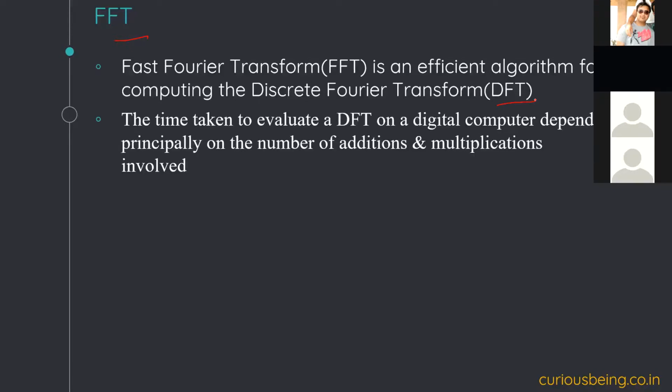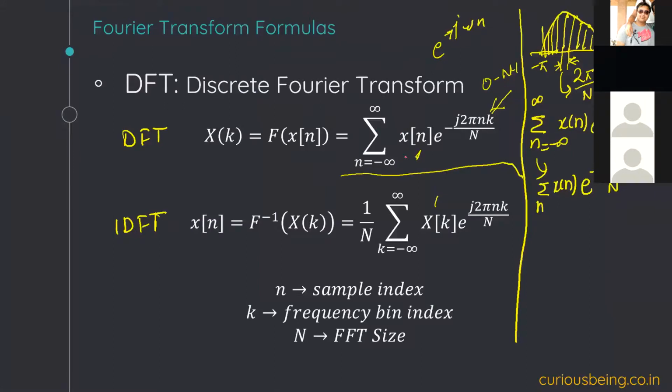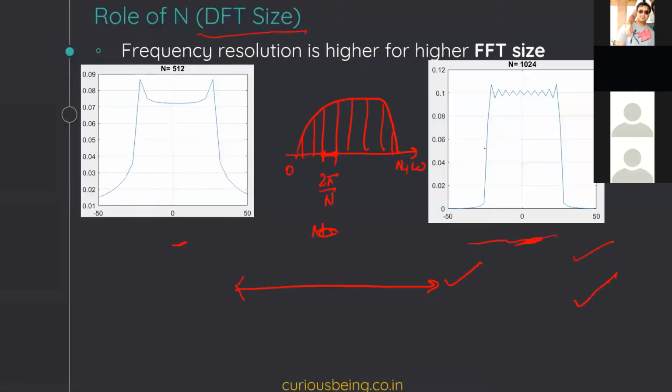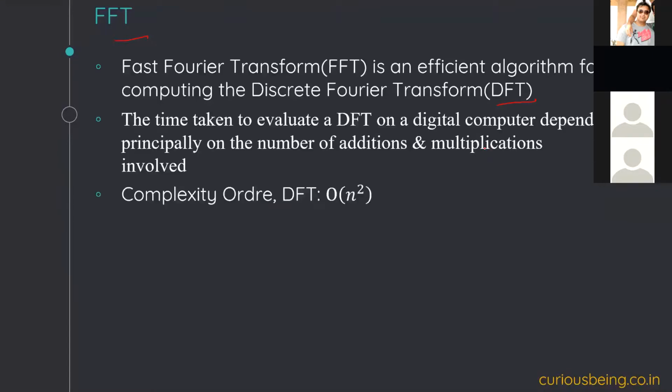The time taken to evaluate a DFT on a digital computer depends principally on the number of additions and multiplications. Because in these formulas, these are what? Some multiplications and then additions. Correct? So when I am trying to calculate the FFT, my computational complexity will depend on how many multiplications and additions I am doing.